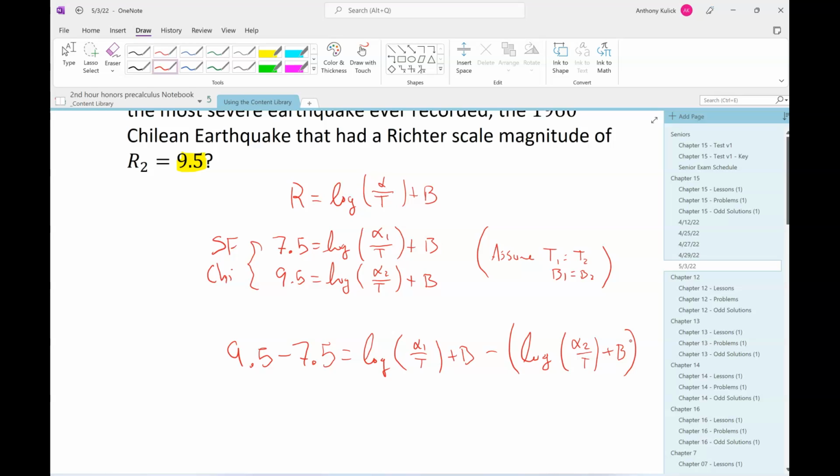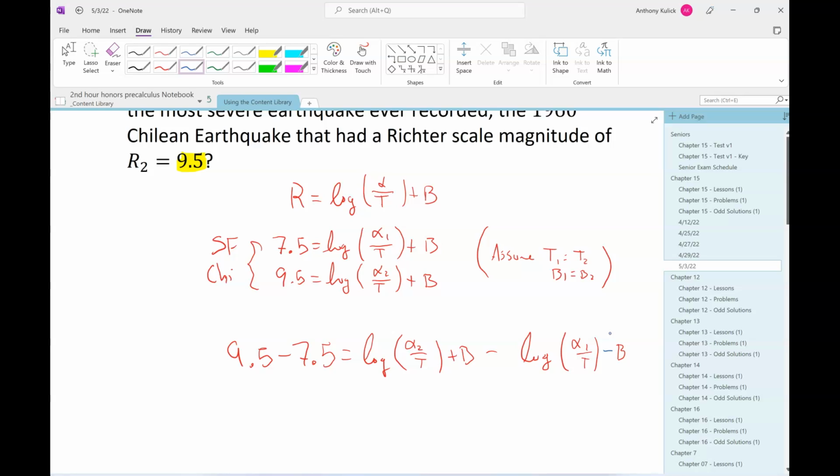I subtracted the left-hand sides and subtracted the right-hand sides. Except I wrote that in the wrong spot. This is alpha 2. That's alpha 1. My apologies. Okay, so I can distribute the negative sign here to do that. Everybody's cool?